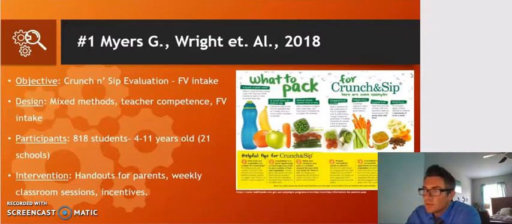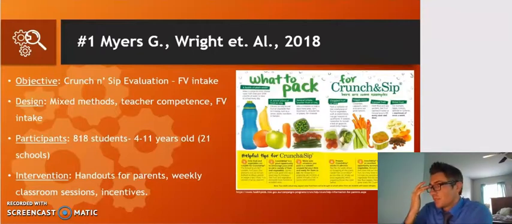So this study was an evaluation of the Crunch and Sip program. It sought to evaluate the effectiveness of the program at increasing fruit and vegetable intake in school environments. It provided teachers and schools with resources delivered through an in-class curriculum to promote the bringing of fresh fruits and vegetables to school as a snack.